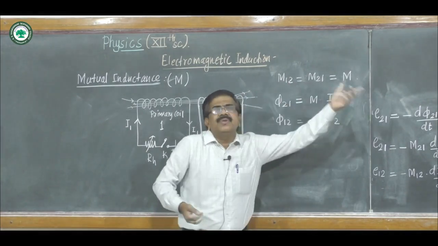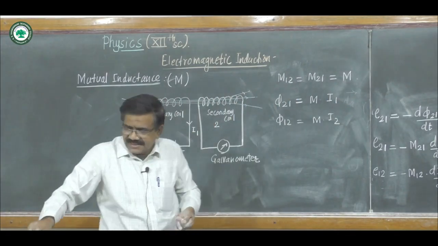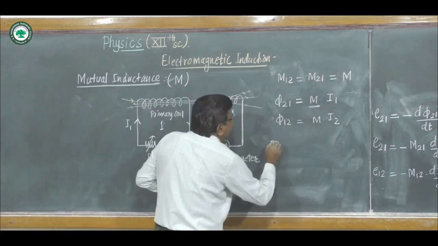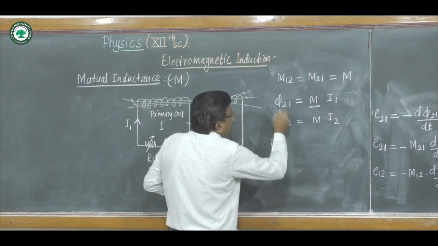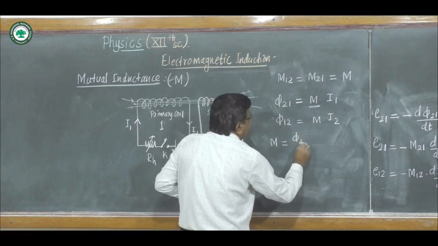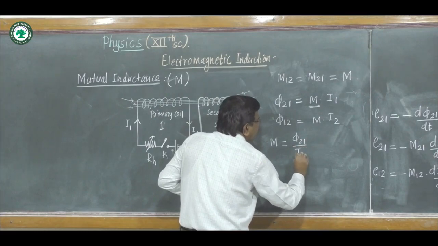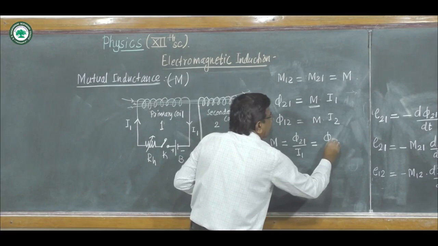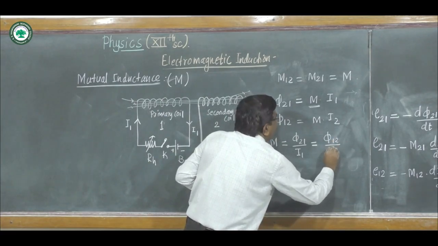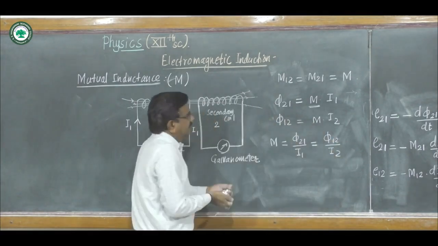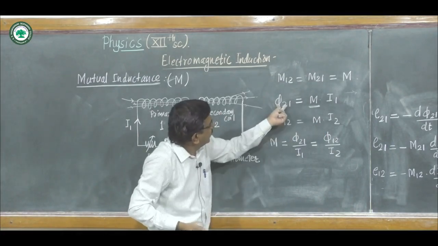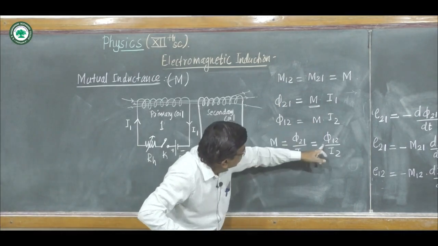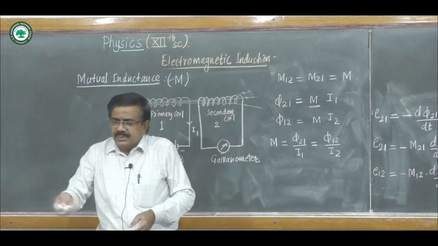M12 is equal to M21 is equal to M, and hence this M is Phi21 upon I1, or that is Phi12 upon I2. From this equation, this M is Phi21 upon I1. From this equation, this M is Phi12 upon I2.